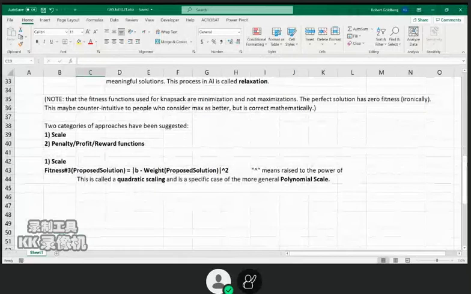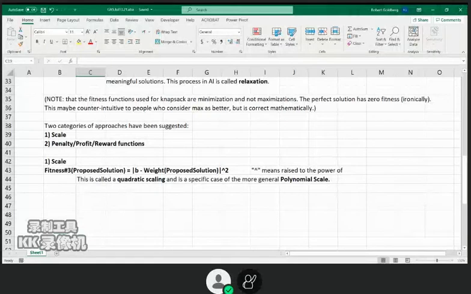All right, so some people suggest doing this quadratic scaling. Why? Because the closer you are, the better you are. Again, because of minimization, we're interested in the minimum. The perfect solution has a zero fitness, right?